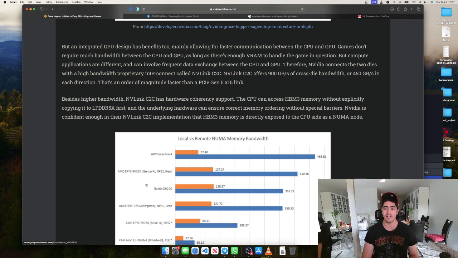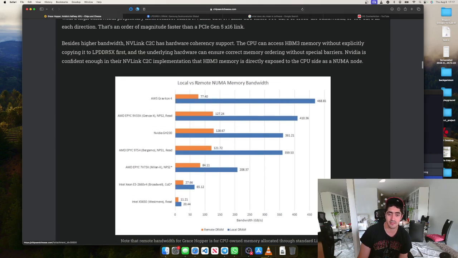The CPU can access HBM3 memory without explicitly copying it to LPDDR5X first, and the underlying hardware can ensure correct memory ordering without special barriers. Nvidia is confident enough in their NVLink C2C implementation that HBM3 memory is directly exposed to the CPU side as a NUMA node.